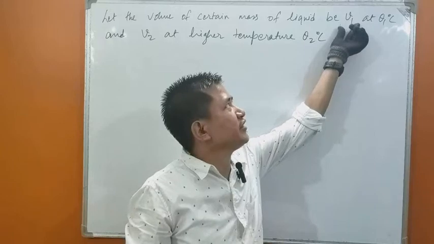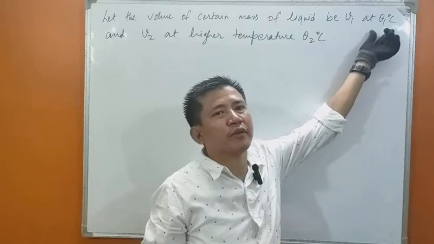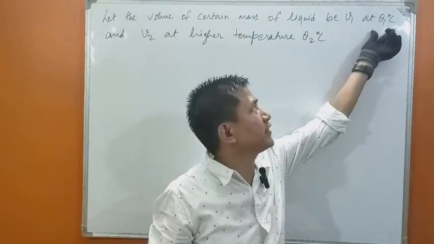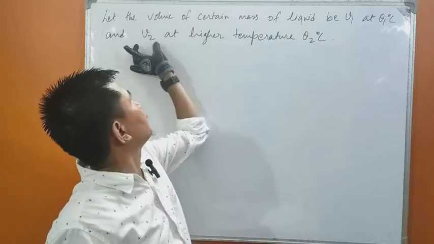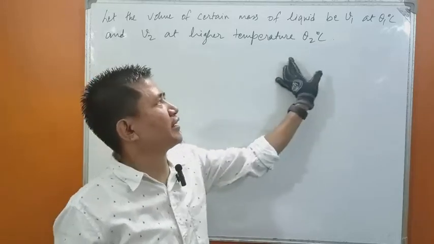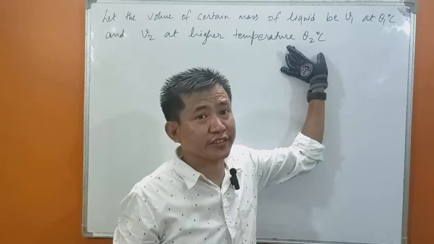Let us consider V1 be the volume of the liquid at temperature theta 1 degree Celsius and V2 be the volume of the liquid at higher temperature theta 2 degree Celsius.